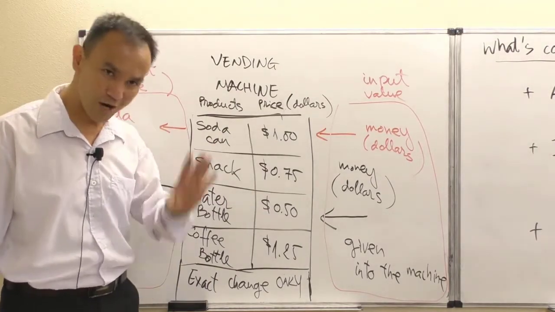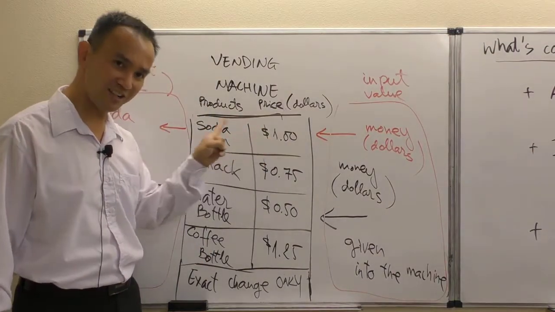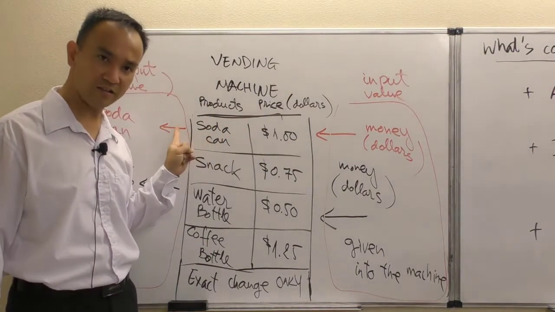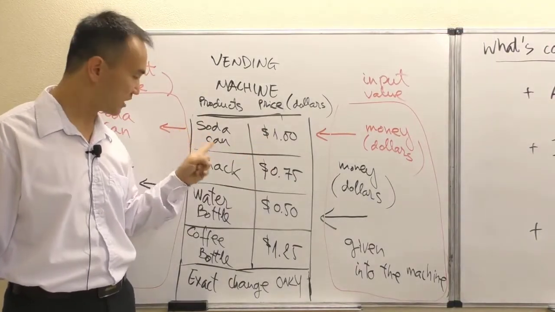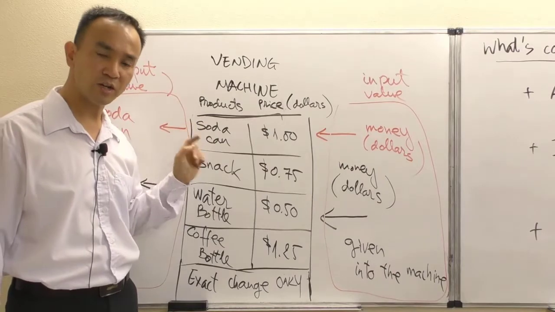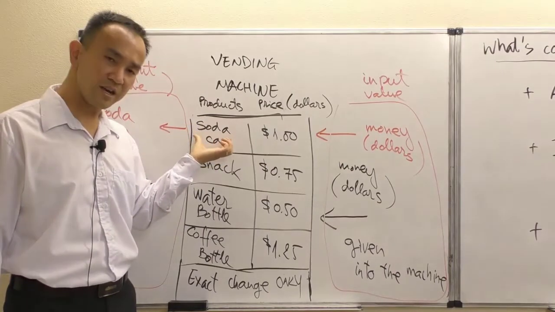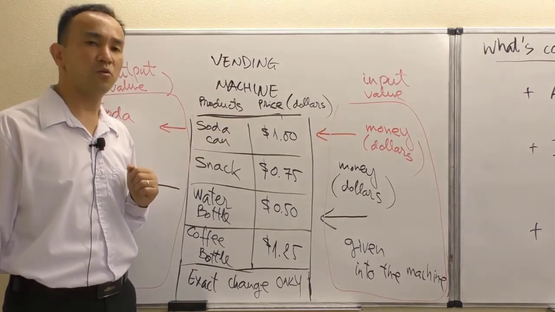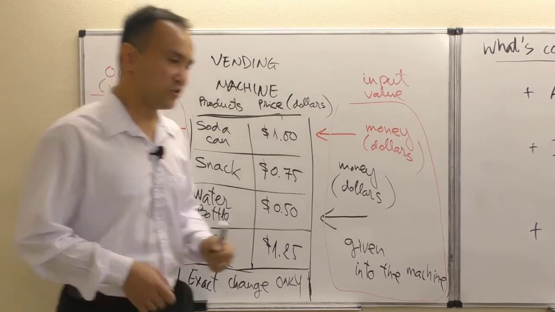A well-designed machine takes in $1, you run it once, it gives out a soda can. You put in $1 again, and the next time it gives the same soda can. That's what it means to have one unique output.